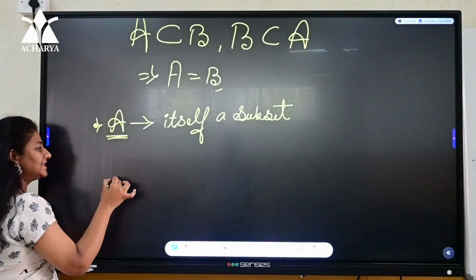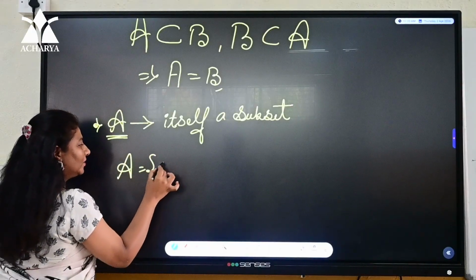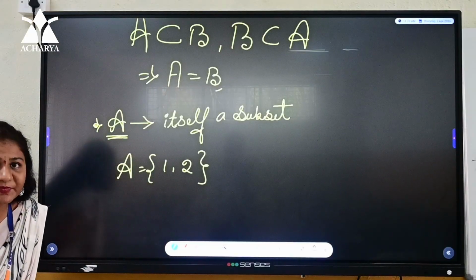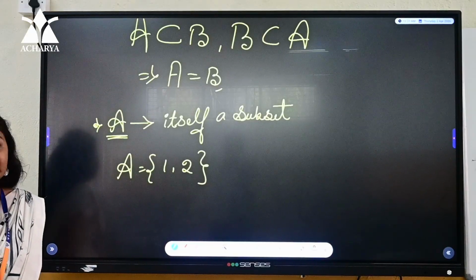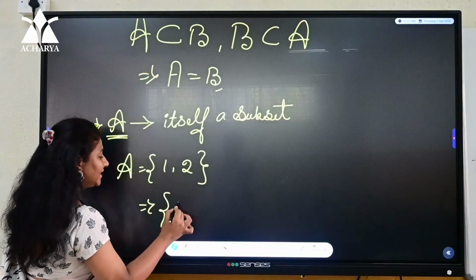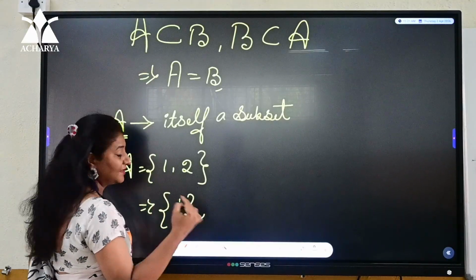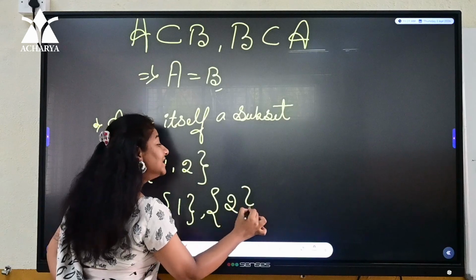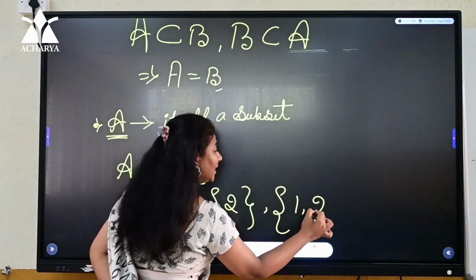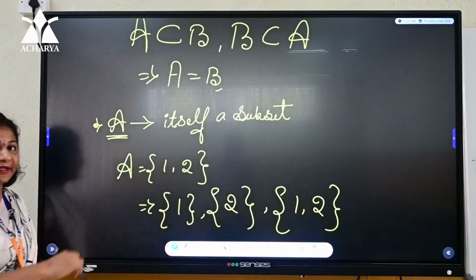For example, let us take A equal to {1, 2}. There are two elements. How can I make subsets? You can take a single set for each of the elements. For example, {1} is a subset of A, {2} is a subset of A, and the third one is {1, 2}, the whole set.